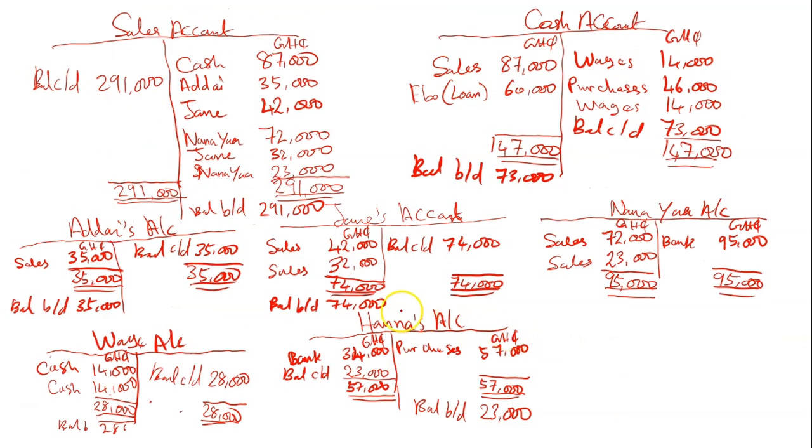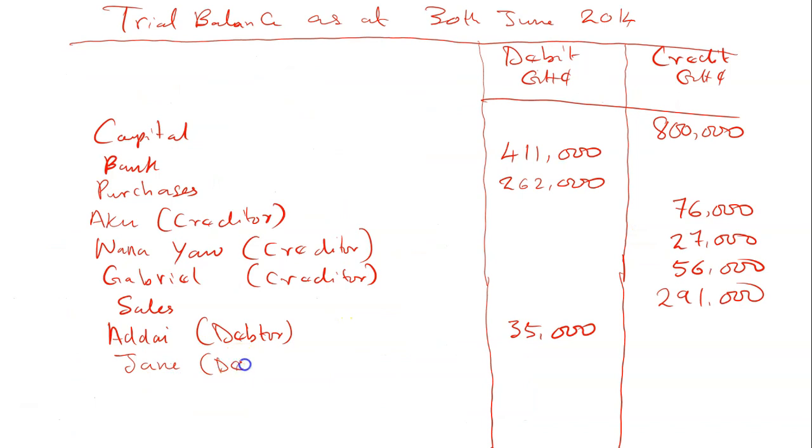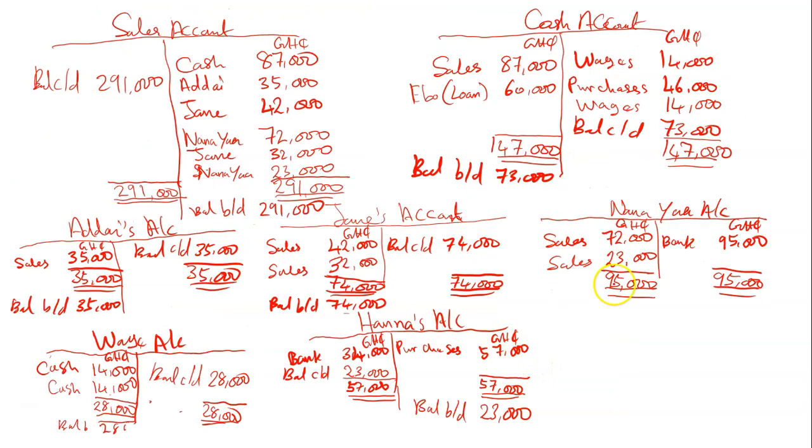Then we go to the next, Jane's account. Jane also has a debit balance of 74,000. Jane, also a debtor, 74,000. Let's go to the next. Nana Ya, she has no balance because her account is self-balancing.